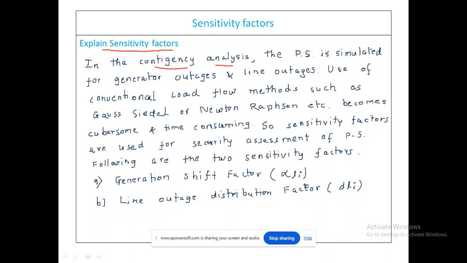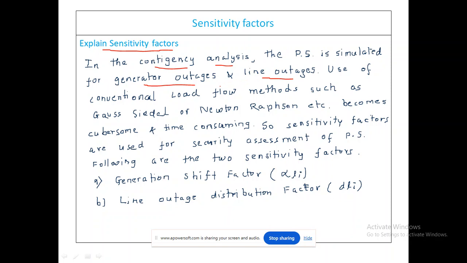But when we do contingency analysis, we have seen how it is done for generator outage and line outage, that is, simulating the power system for generator outage and line outage.